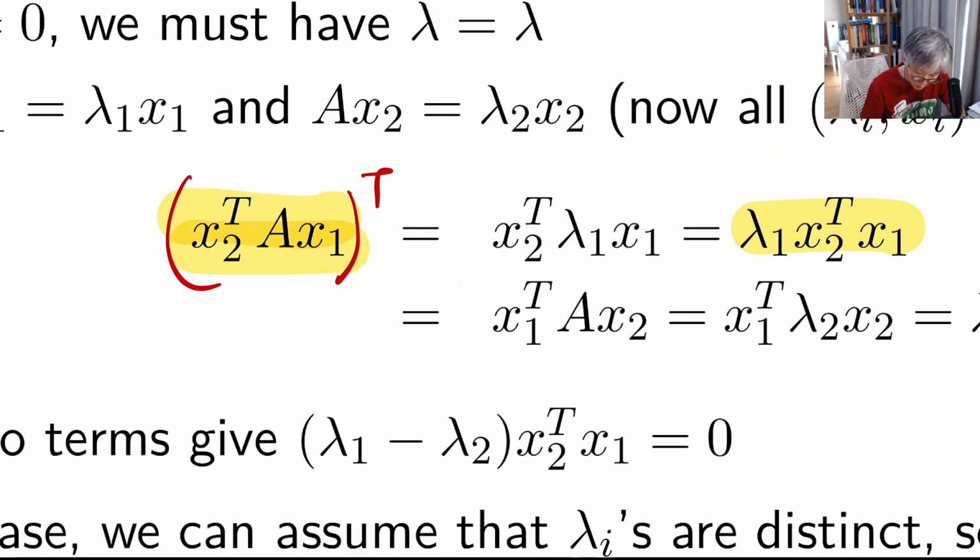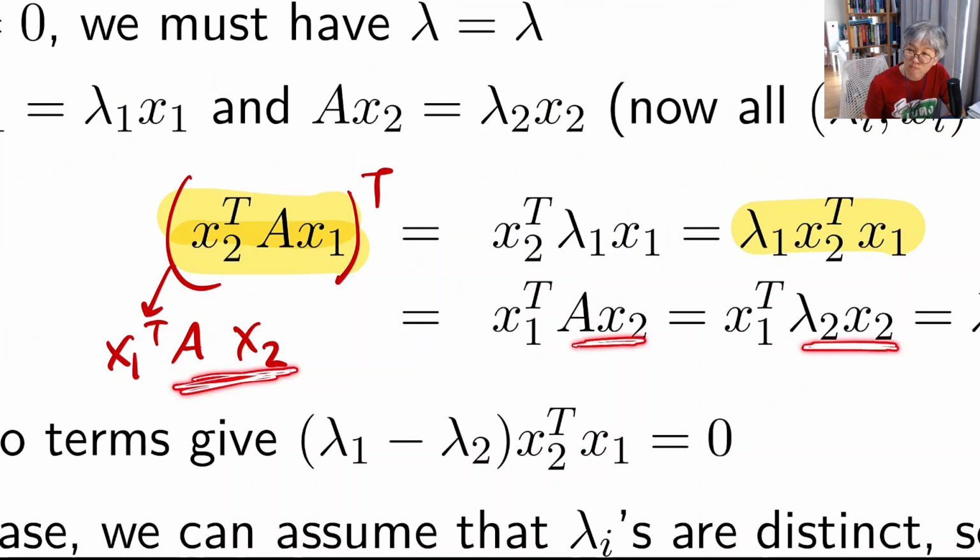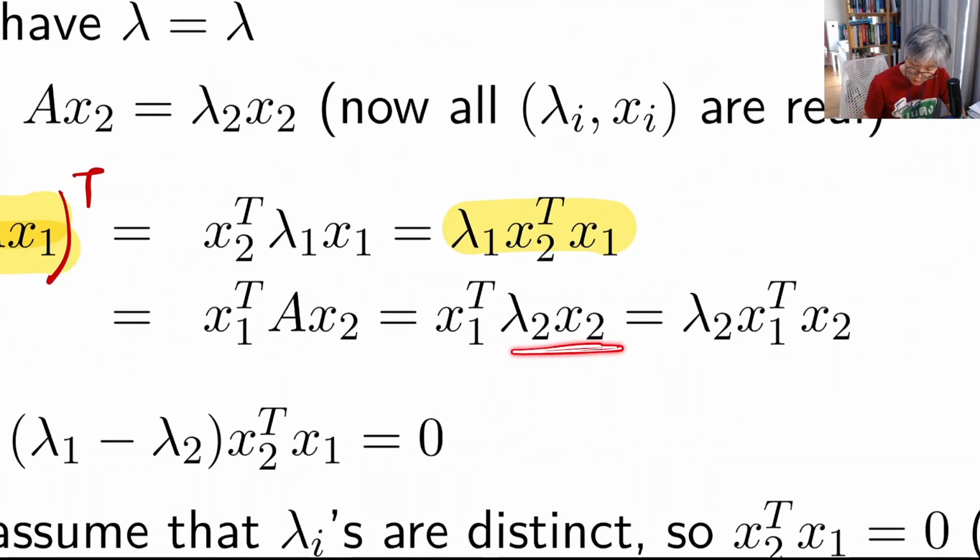So what I can do is that I transpose first, it is x1 transpose A transpose x2. But because my A is symmetric, A transpose equal A. Then my Ax2 equals lambda 2 x2. All right. Lambda 2 x2, I put it aside. So it's lambda 2 x1 and x2.